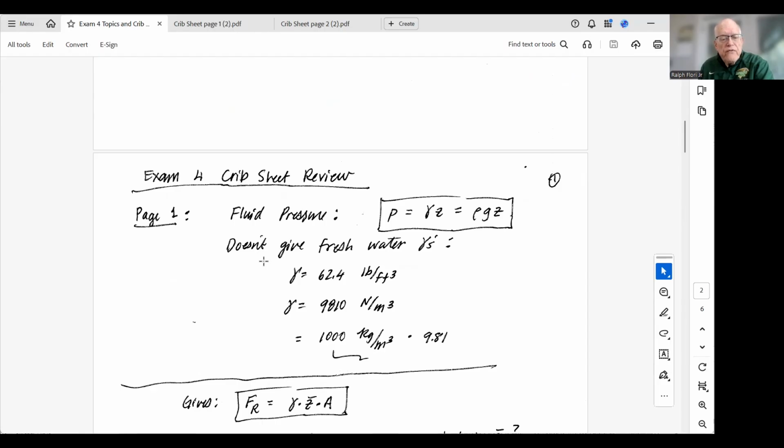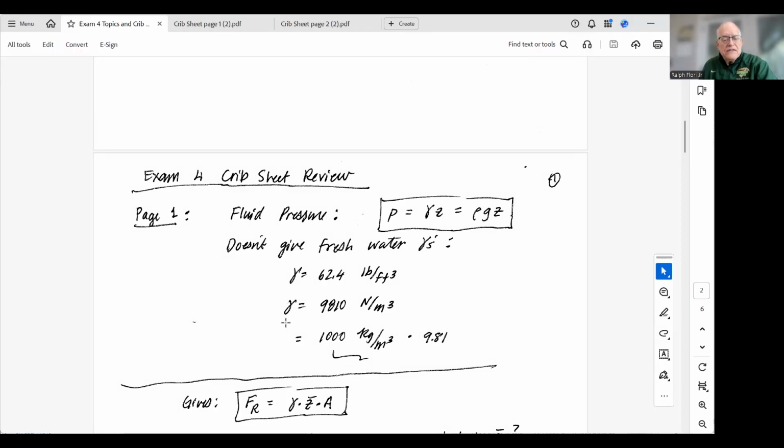So first of all, the fluid pressure formulas. They give pressure is equal to gamma times z, or rho g z. He doesn't give the gammas. You should remember that for fresh water, gamma is 62.4 pounds per cubic foot. Again, gamma is a specific weight, rho is a mass density, and g is the gravitational constant.